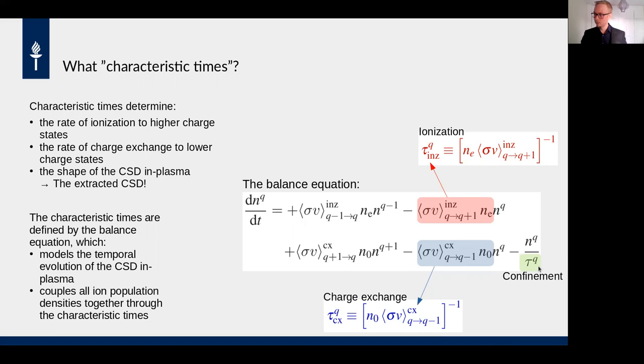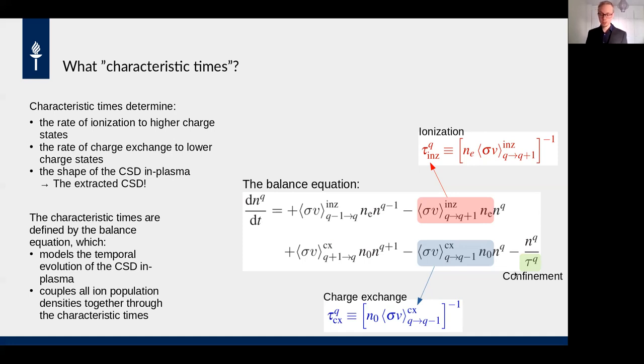Finally, the confinement time is defined by the loss term in the balance equation for a given ion population. The loss term is the one which determines the rate at which ions escape confinement from the plasma and become available for beam formation. In short, the balance equation tells us how quickly or slowly different ion populations are built up in the plasma, and it determines the final shape of the CSD in plasma, the charge state distribution.